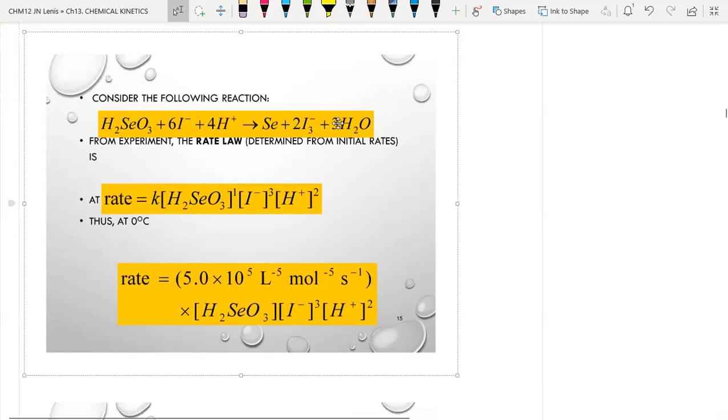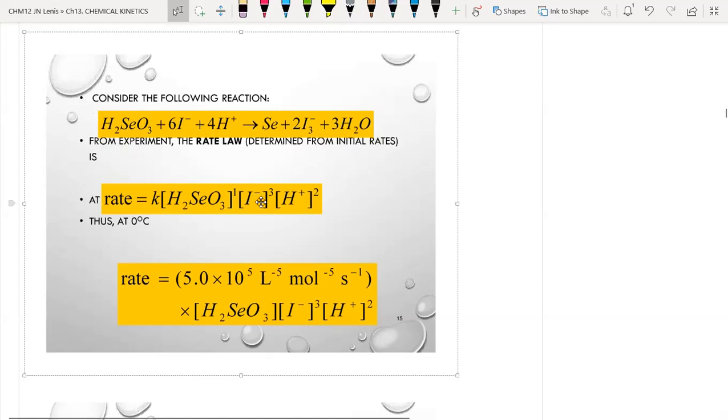This is called the overall reaction. Here, the stoichiometric coefficient is 1, and it happens that the order is 1 for the same compound, but that is because that was the experimental result, not because we are using this 1 from here.